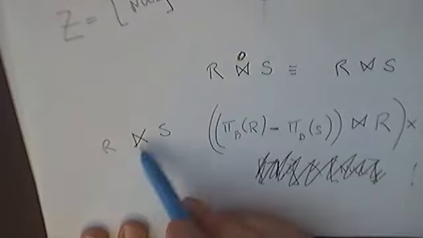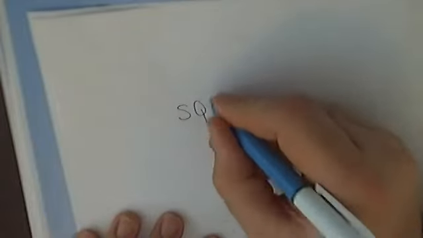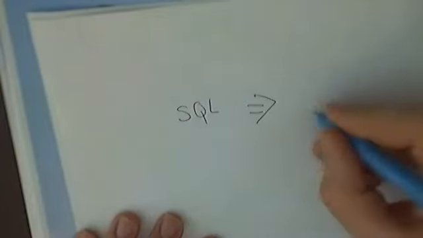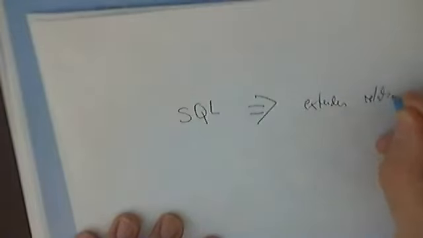All right. And there's a lot that goes on in this extended relational algebra, because remember, just to bring this back to some kind of motivation, the way that things work is that you have SQL, and that gets mapped into an expression in extended relational algebra.